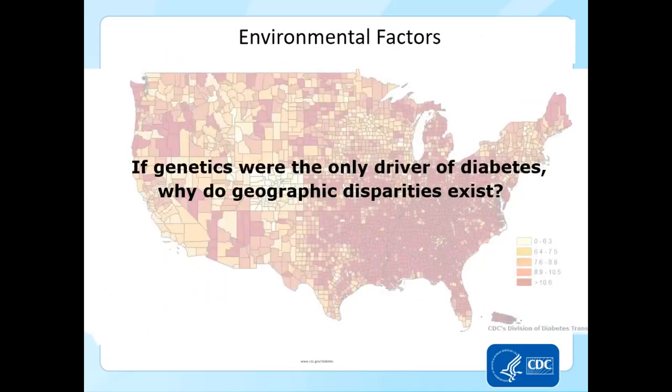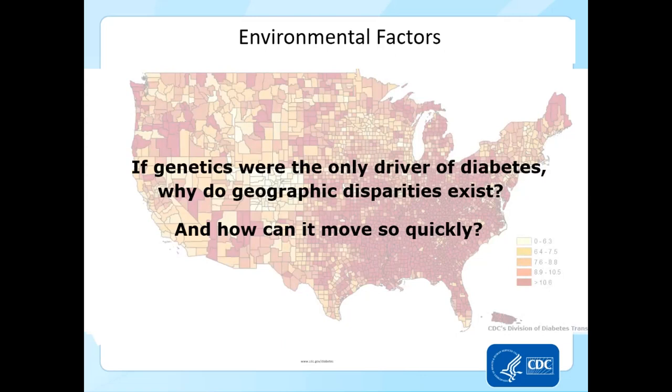And if genetics was the only driver, why do these geographic disparities exist? Does this county have people that are that much genetically different from the county next door? No. And also, it is moving quickly enough that that's not really the hallmark of a genetic disease in the first place. So there's something about our environment that is changing over time.